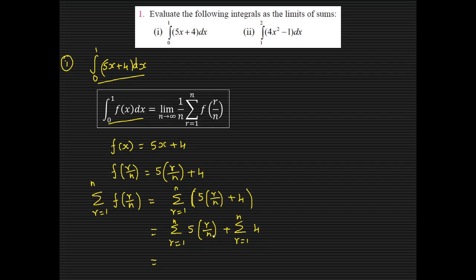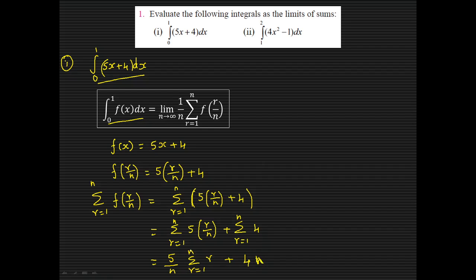So 5 by n times summation r is equal to 1 to n r, plus, here if you apply the summation, you are having n terms. If you put r is equal to 1 to n, you are having n terms. So simply you put 4n, because 1 plus 1 plus 1 plus everything will be there. So you are having n terms, so that will be 4 into n.